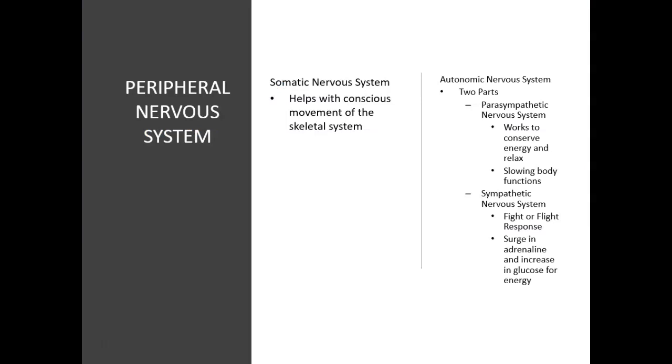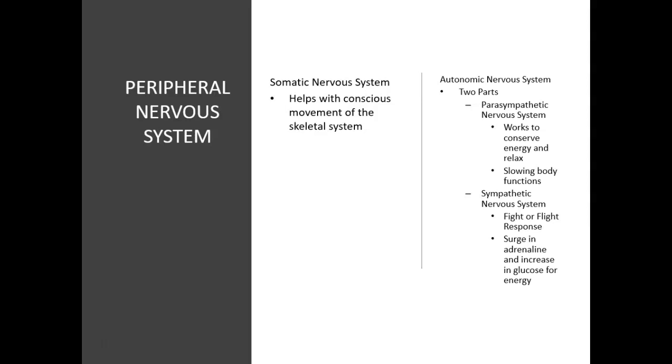Peripheral nervous system is broken into two different types. Somatic nervous system, which helps with conscious movement of the skeletal system, and autonomic nervous system. And then the autonomic nervous system is broken into two parts, the parasympathetic and the sympathetic.